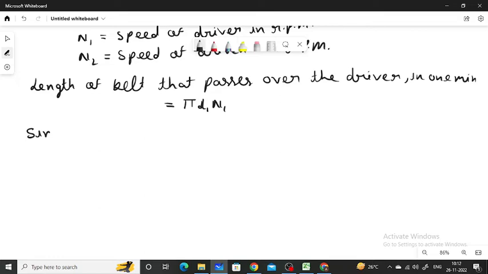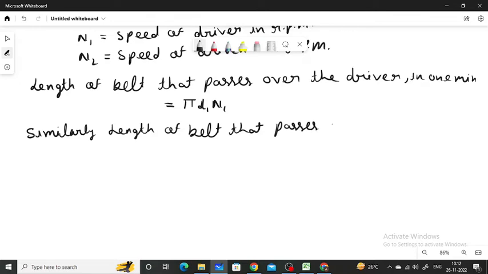Similarly, length of belt that passes over the driven in 1 minute is equal to the pi d2 n2.